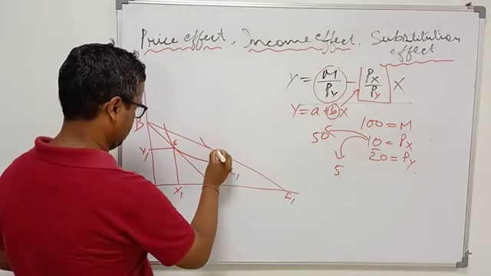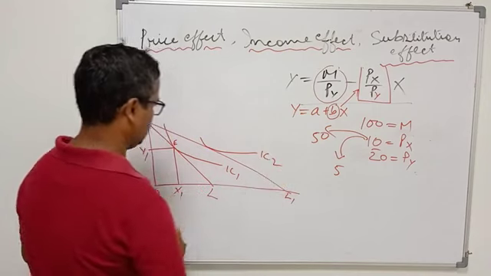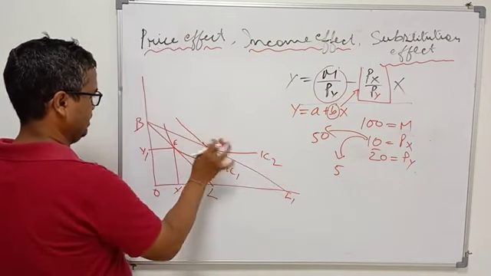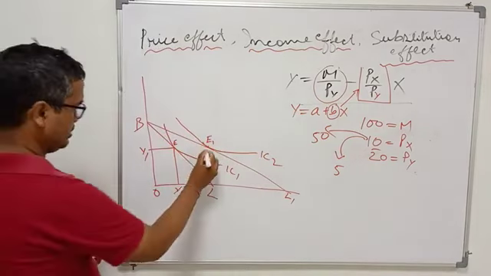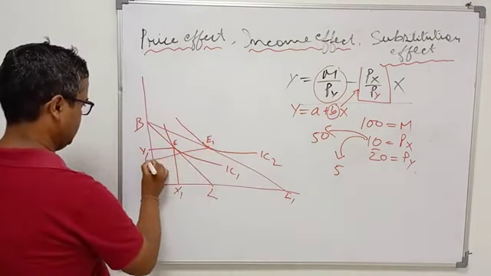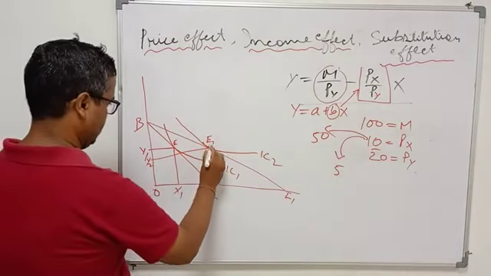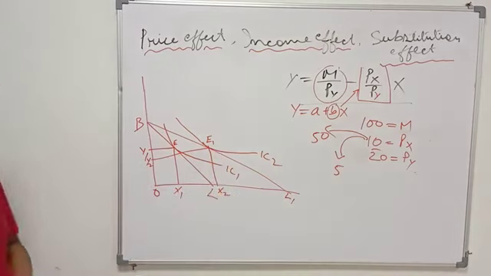And the consumer is in equilibrium at another indifference curve, which is higher than IC1, at E1. At this E1, the consumer is purchasing OY2 of Y good and OX2 of X good.